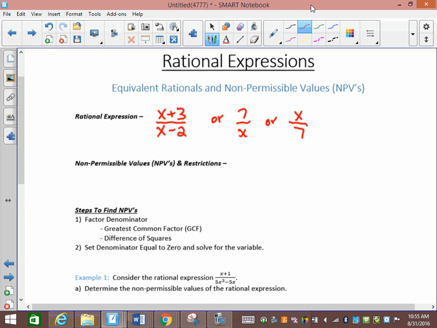Everyone grab your calculator for a second. In your calculator, go 0 divided by 9. There we go, you get 0.